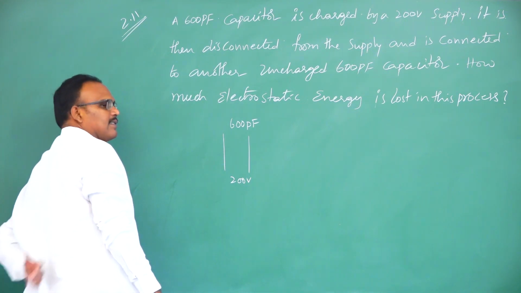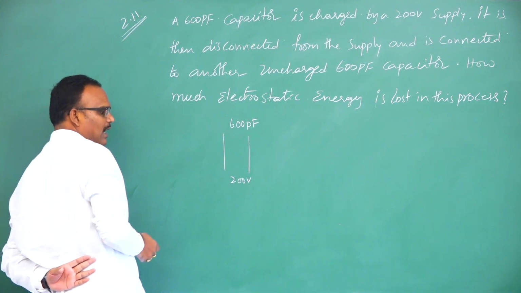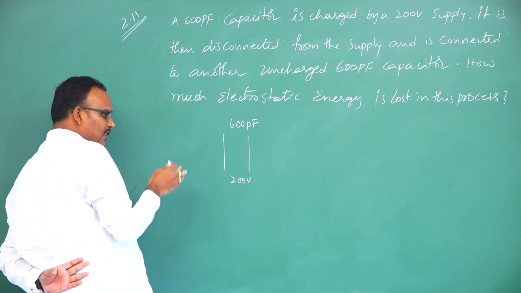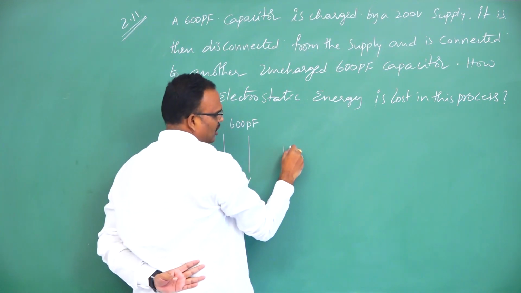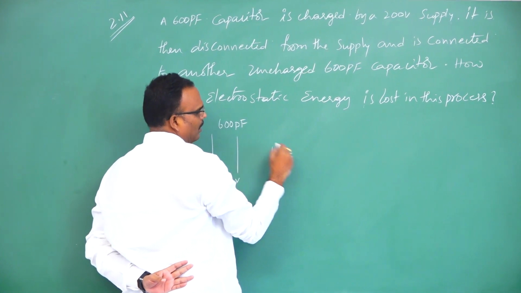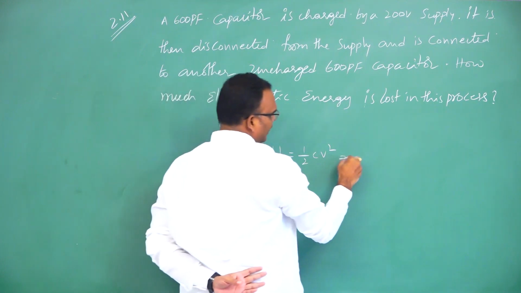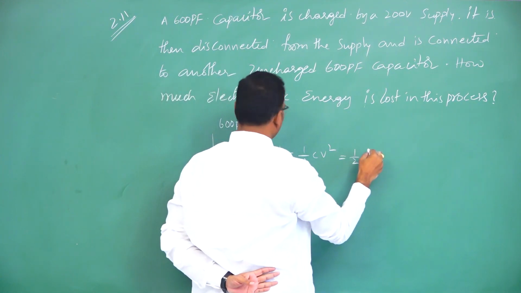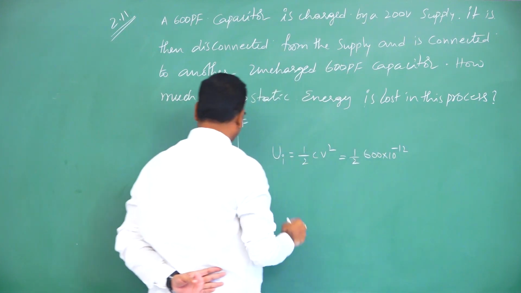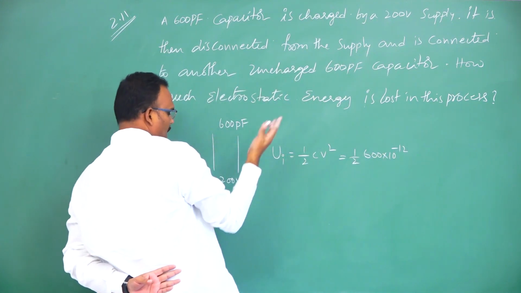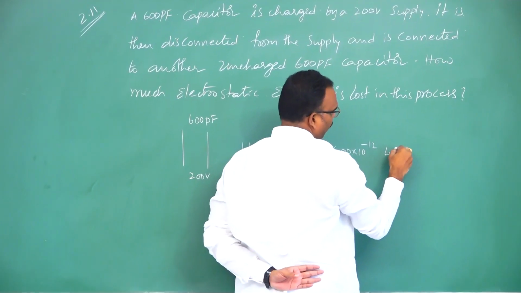So when this capacitor is charged with 200 volts, first I will calculate its energy. Initial energy is half CV square, that is half, C value is 600 into 10 to the power of minus 12, and V square is 200 volt whole square, that means 40,000.